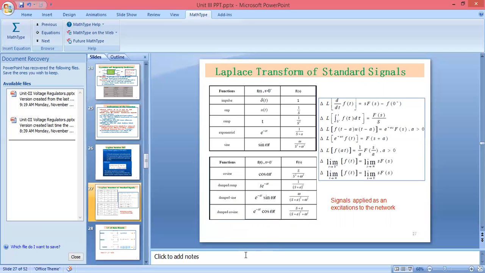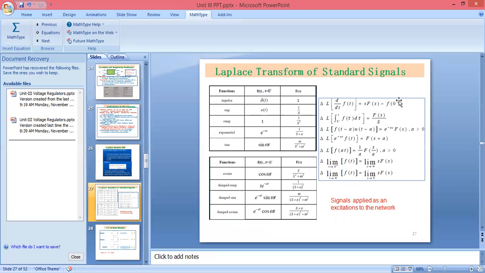By using the Laplace transform, you learn how to convert the time domain into the frequency domain. If you take the Laplace transform of d by dt of f of t, you can write that function as s F(s) minus f(0 minus), where 0 minus represents the initial condition.